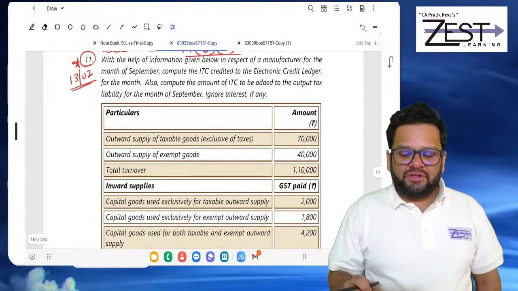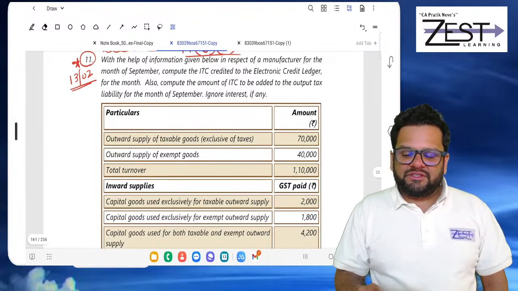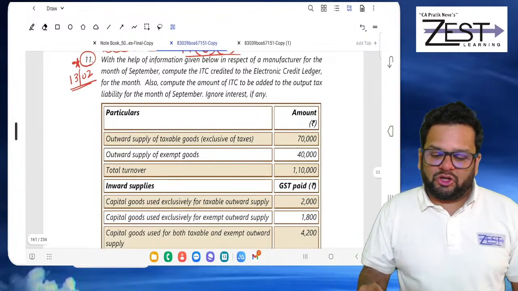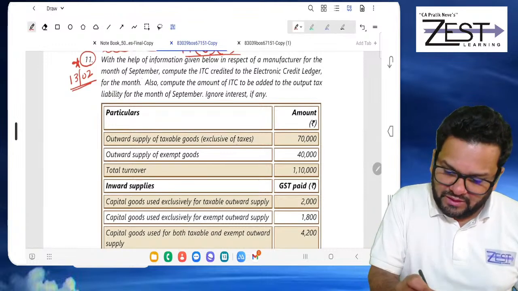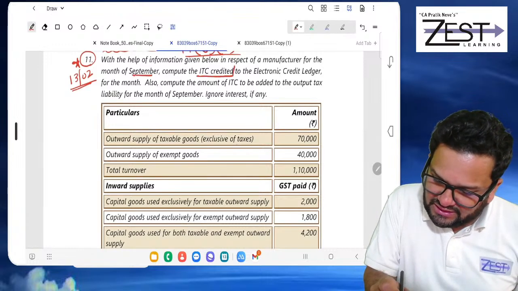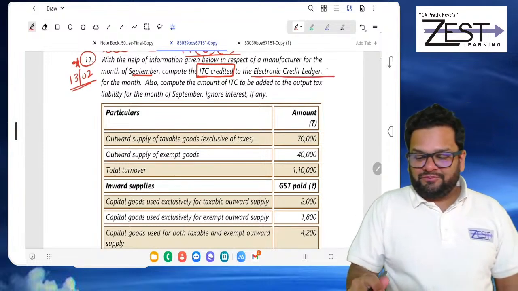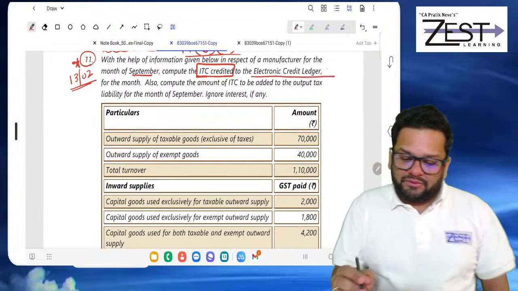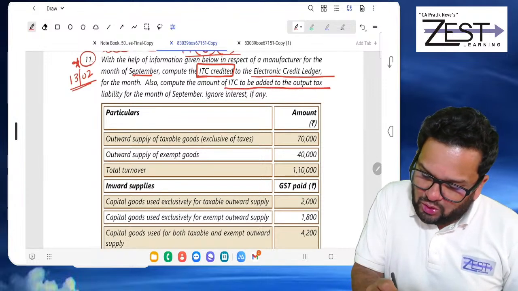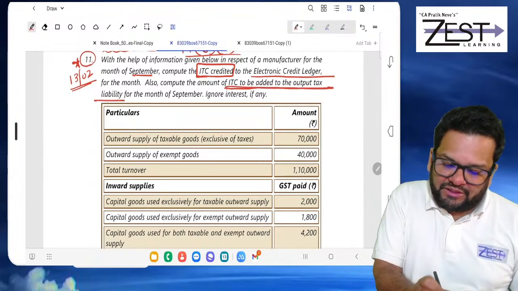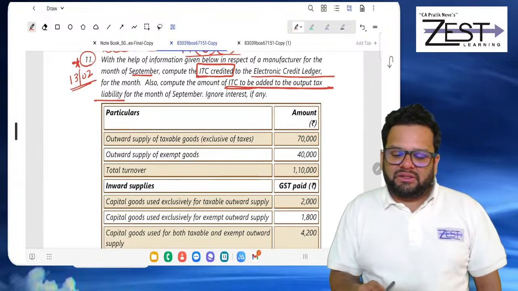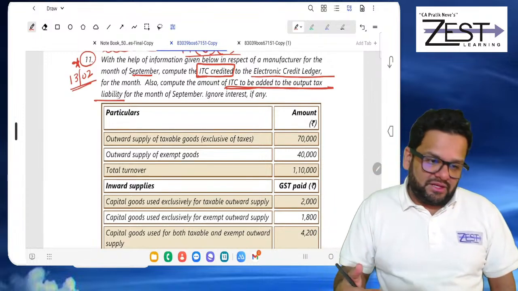With help of information given below in respect of manufacturer for the month of September, you have to compute ITC credited to e-credit ledger for the month. Also compute ITC to be added to the output tax liability for the month of September, ignoring interest if any.